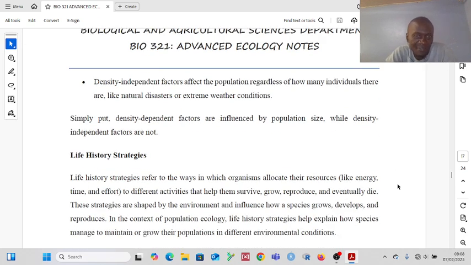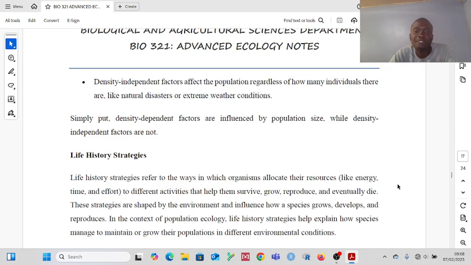density-independent factors, these ones affect the population regardless of how many individuals there are. A drought will come, irrespective of whether there are trees or there are no trees. Okay? A natural disaster will occur, irrespective. But for competition, for disease, for the abundance of food to occur, it is a factor of what?